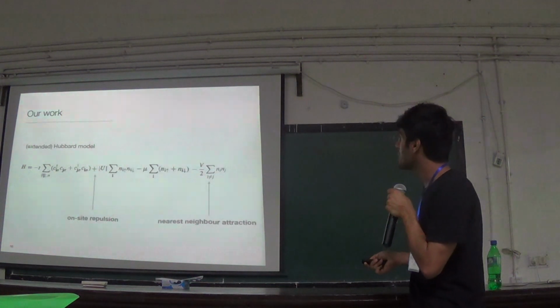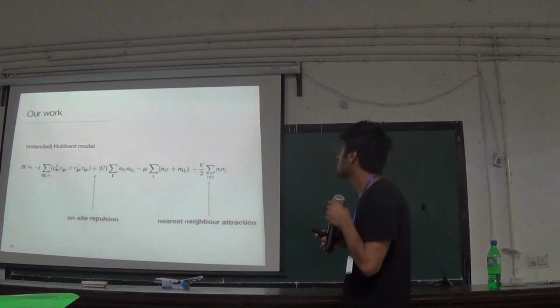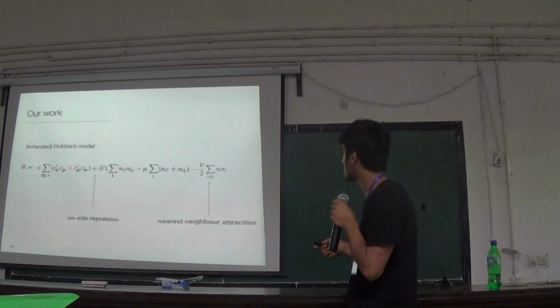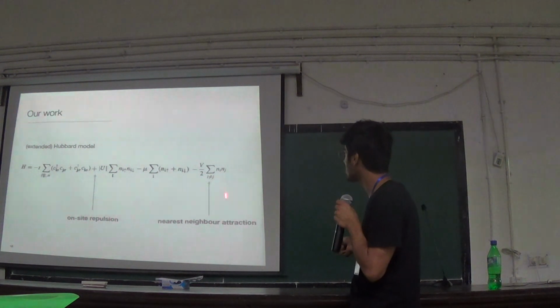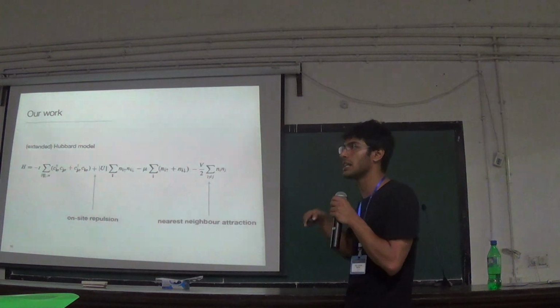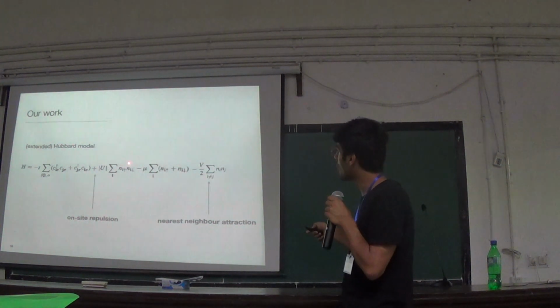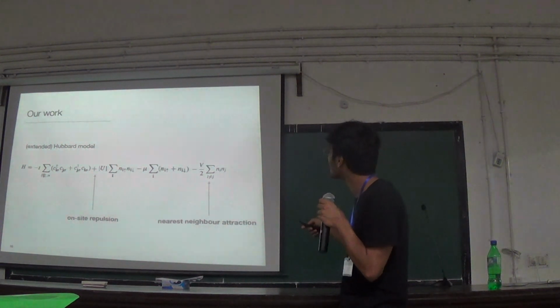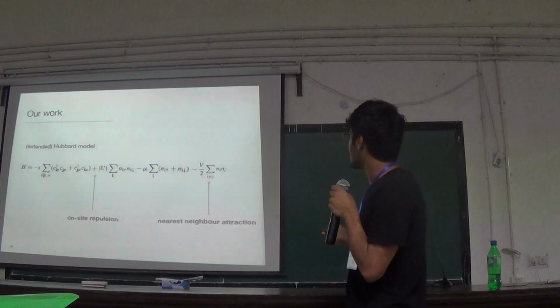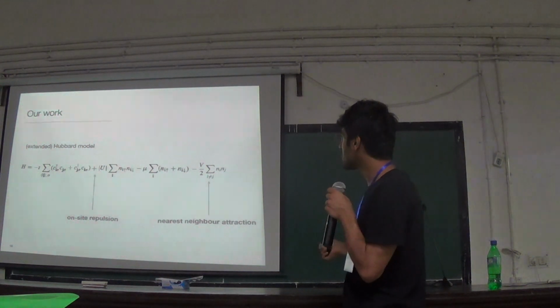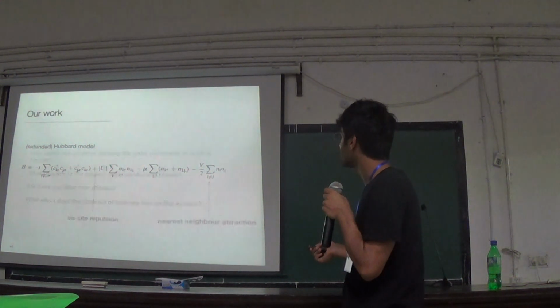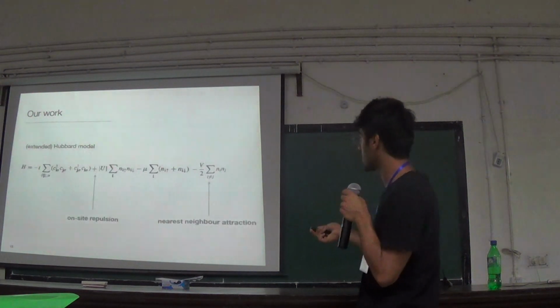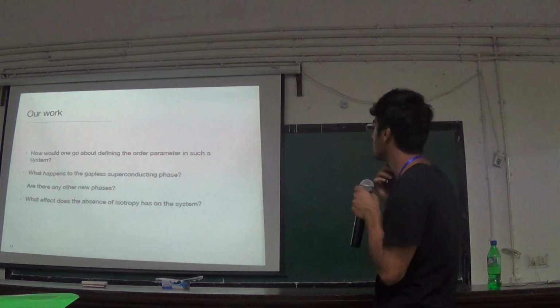So one way to extend this is that you introduce another kind of term where you have the attraction in the nearest neighbor rather than on site, and then you say that on site you have a repulsion, and nearest neighbor there's attraction. That gives rise to the D wave superconductivity. So this is what we are looking at, and these are the questions that we are posing.